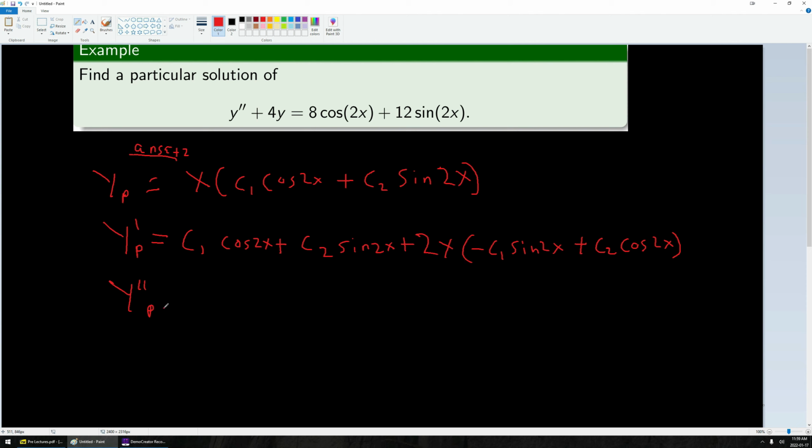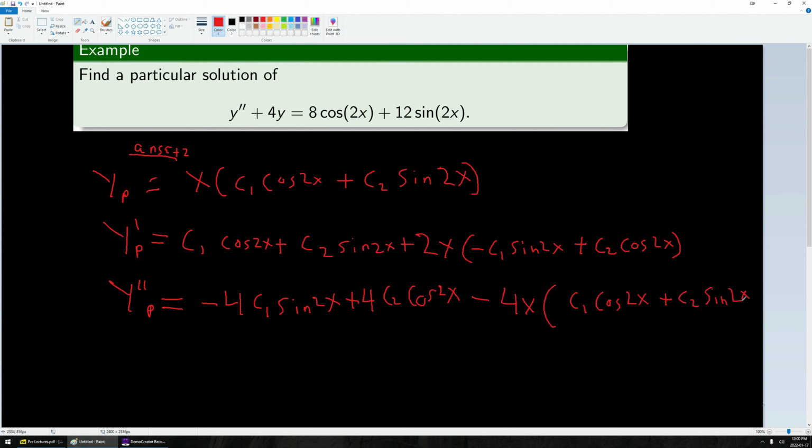If I do that and simplify, this whole thing becomes this expression here. Now that we have the first and second derivatives, all we have to do is plug these two terms in and see if this ansatz actually works.